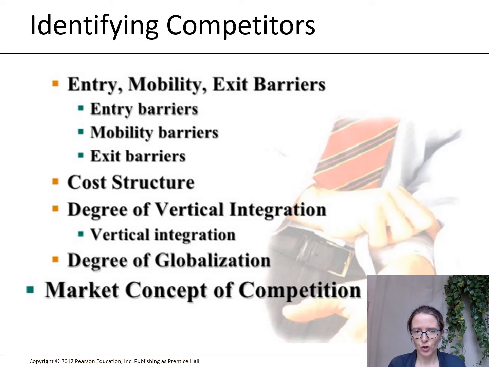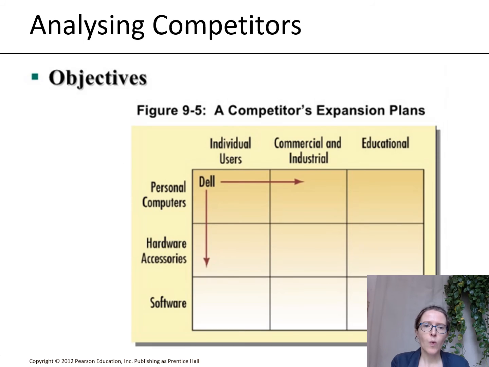We need to be aware of the cost structure. We need to be aware of how they are integrated vertically and what their degree of globalization is. And then we can talk a little bit more about the market concept of competition. When we're analysing competitors, we need to look at it across different objectives, in the sense that individual users, commercial and industrial users are all going to have different needs.